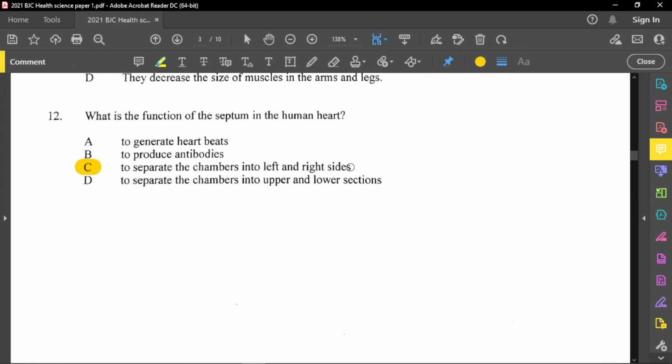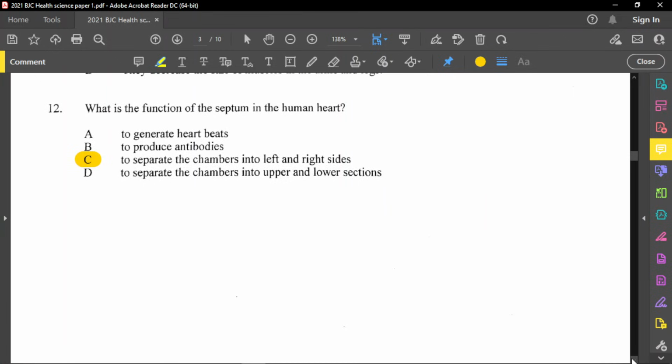Correct. And as I said earlier, it is separating the oxygenated blood from the deoxygenated blood. You should also remember which side of the heart is oxygenated and which side is deoxygenated. The right side is deoxygenated and the left side is oxygenated. All right, so let's go to our next question now.